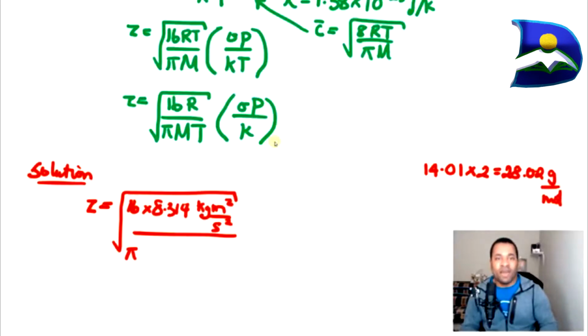Since it's in grams per mole, we are now going to re-express this in terms of kilograms per mole, which is going to be equal to 28.02 times 10 to the -3 for the unit in kilograms per mole.